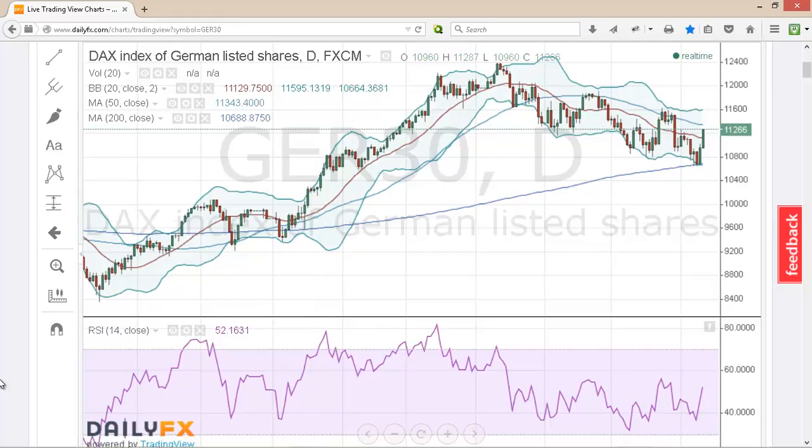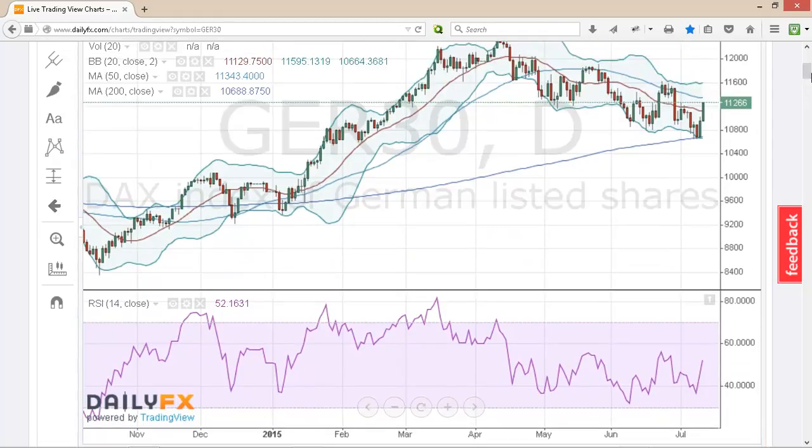Finally, we have the RSI. That's just a technical indicator, which is frequently used. It's available in most plotting places. It just looks at how the share or the thing you're looking at, in this case the DAX, is behaving.